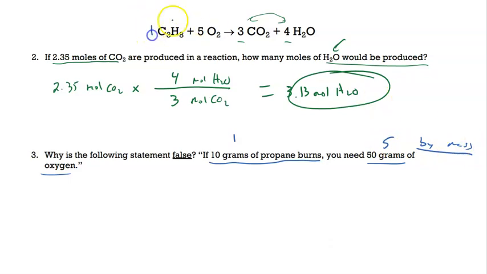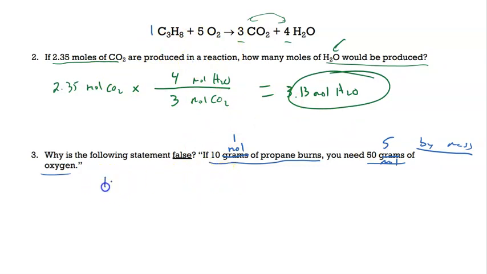We have a 1:5 ratio, but that is on a molecule or mole basis, right? This is untrue. So this would be a true statement if that said moles and that said moles, right? That would be a true statement, but they don't have an exactly equal molar mass. Therefore, that is why that's false.